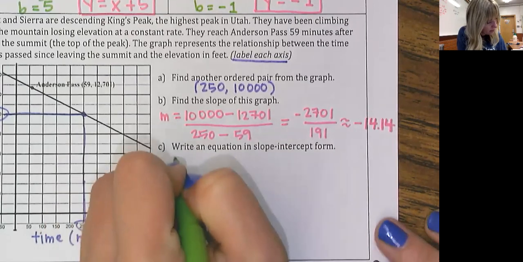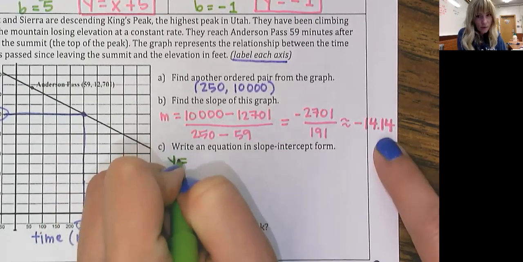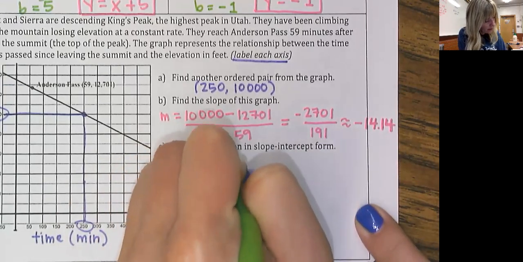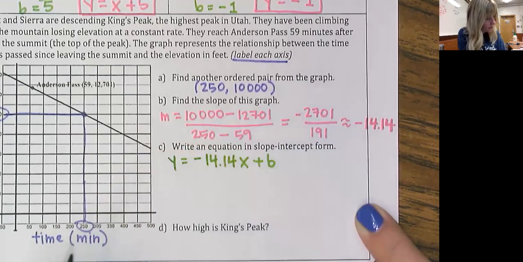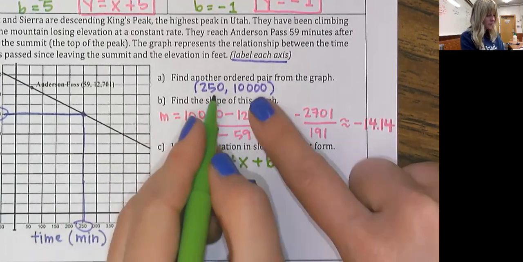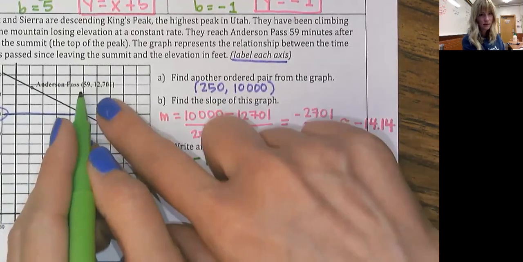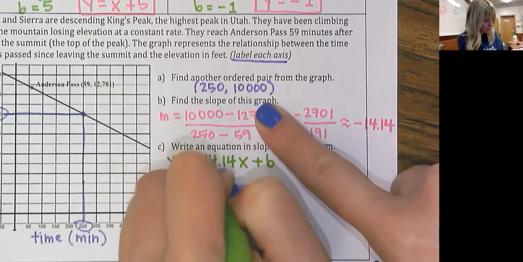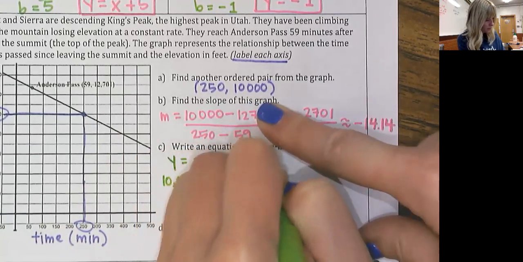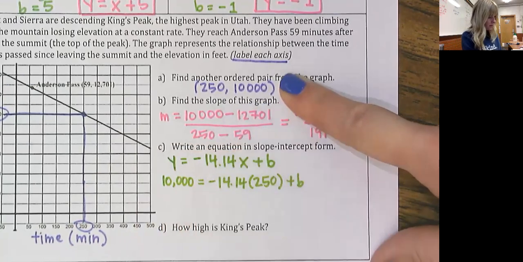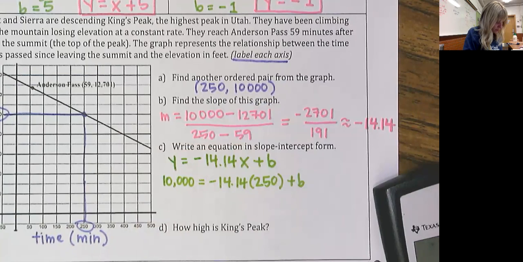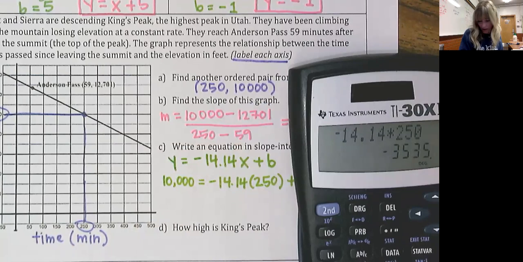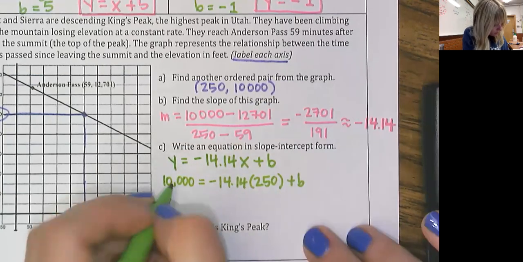Okay, now let's finish writing this equation. Y equals, I'm going to use this decimal approximation instead of this very unfriendly fraction, negative 14.14x plus b. I'm going to choose an ordered pair and plug it in. I'm going to use my purple one. I like it better than this wacky one. So I'm going to plug in 10,000 equals negative 14.14 times 250 plus b. Okay, that negative 14.14 times 250, negative 3535. And then, okay, I'm running out of space here.